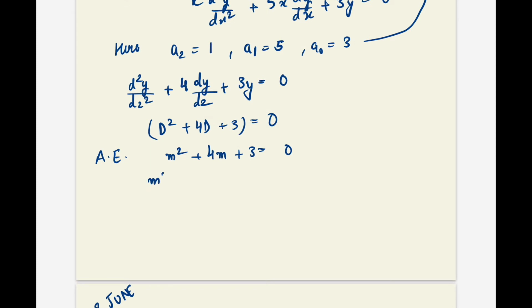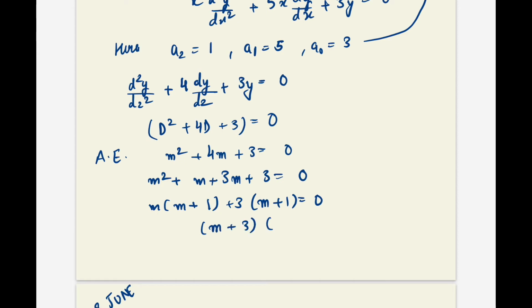This becomes m square plus m plus 3m plus 3 is equals to 0. m into m plus 1 plus 3 into m plus 1 is equals to 0, m plus 3 and m plus 1 is equals to 0. So m is found to be m equals to minus 3 or m is equals to minus 1.